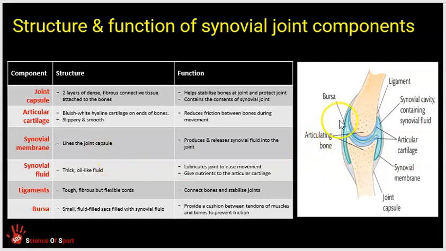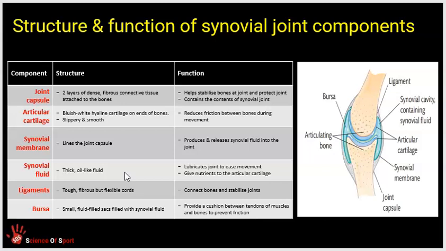And as you can see below, the synovial fluid is what is inside this capsule. So it fills the gap. And it is a very thick, oily substance. If you think about a squeaky door, you put oil in the hinge and it allows that hinge and the movement to occur effortlessly and smoothly.